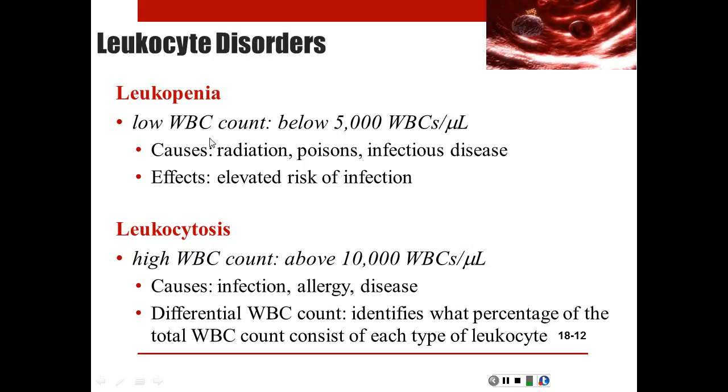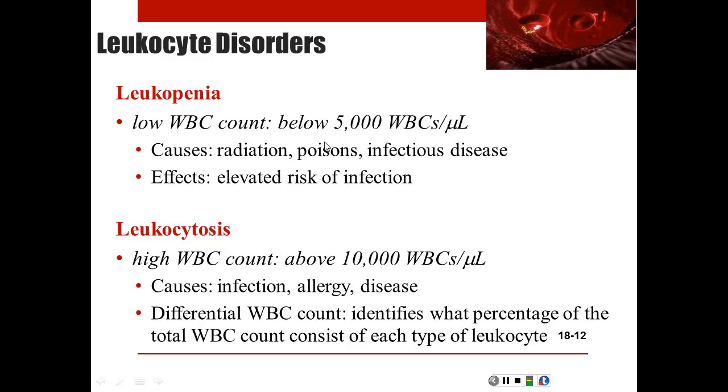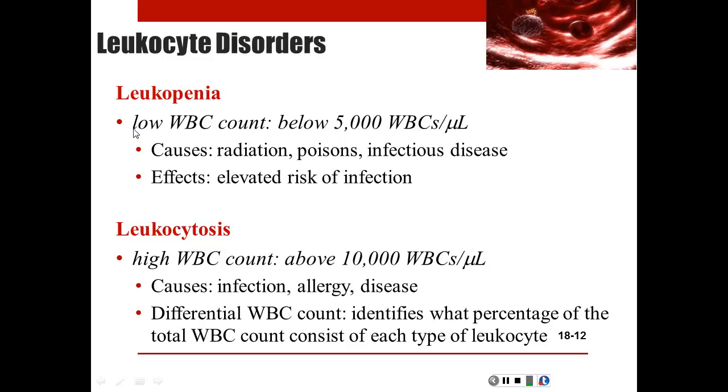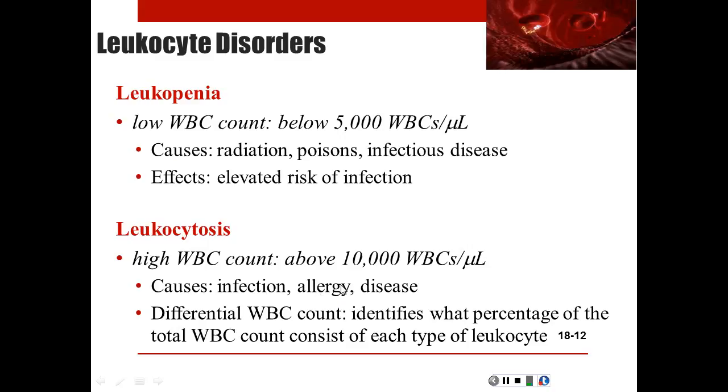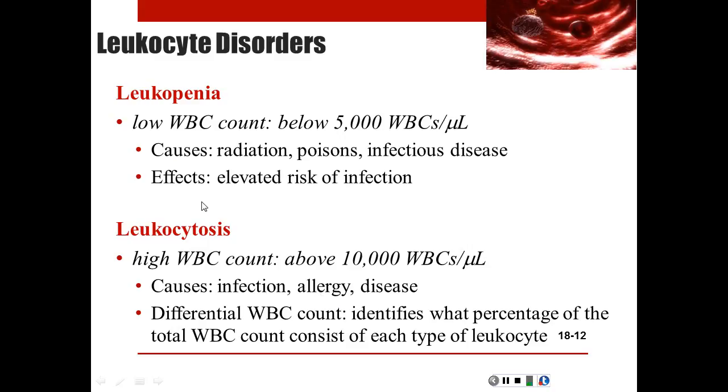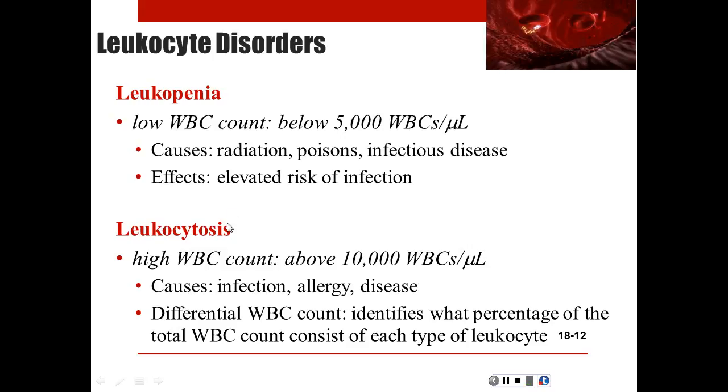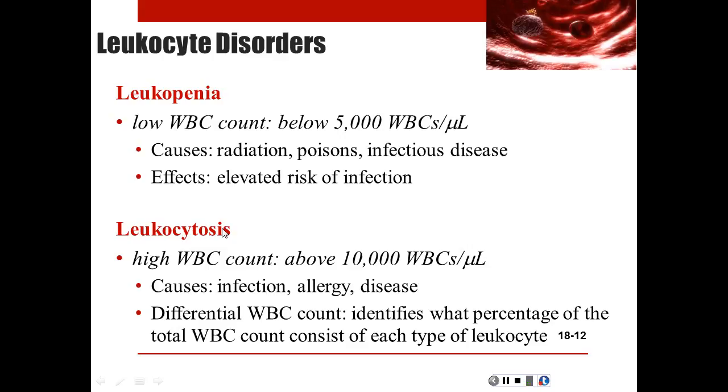Someone having a white blood count less than 5,000 is considered to have leukopenia, and it can result in an elevated risk of infection and cancer. It is seen in lead, arsenic, and mercury poisoning, radiation sickness, and certain infectious diseases, including AIDS.